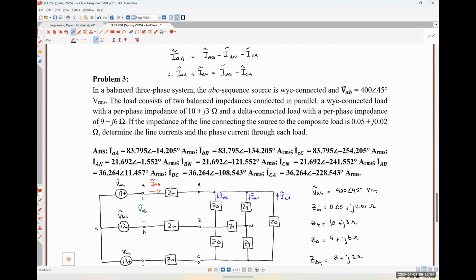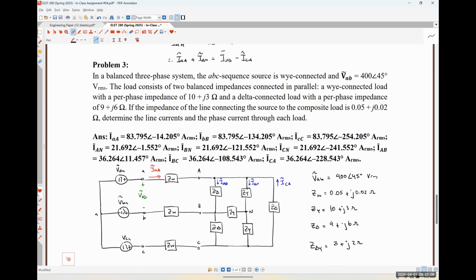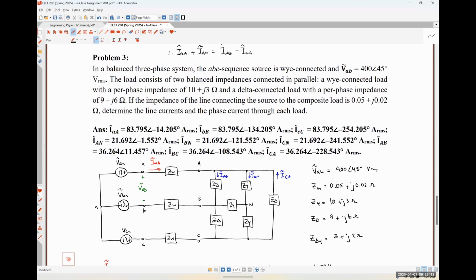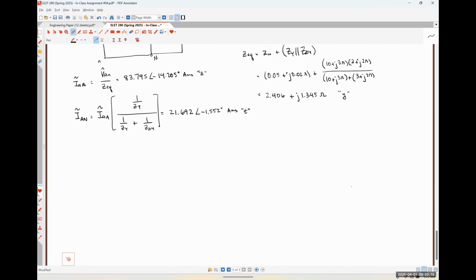So from here, now I can apply that relationship because I know that IAB minus ICA is just IAB, what I'm looking for, times √3 angle -30 degrees. So I'm just going to scroll down here. I'm going to say IAA plus IAN is equal to IAB times √3 angle -30 degrees. That's from the result of our last example problem.